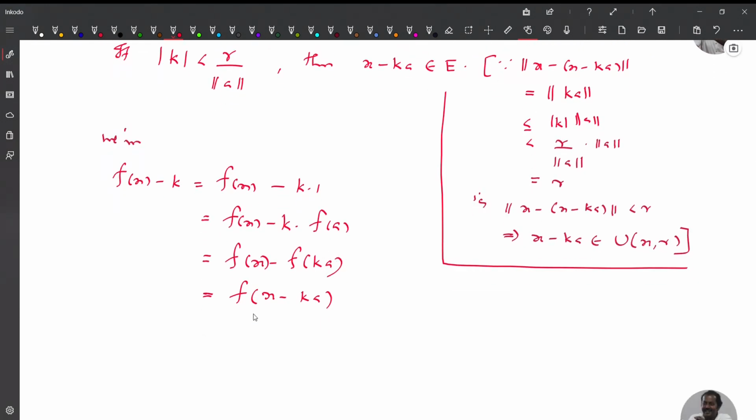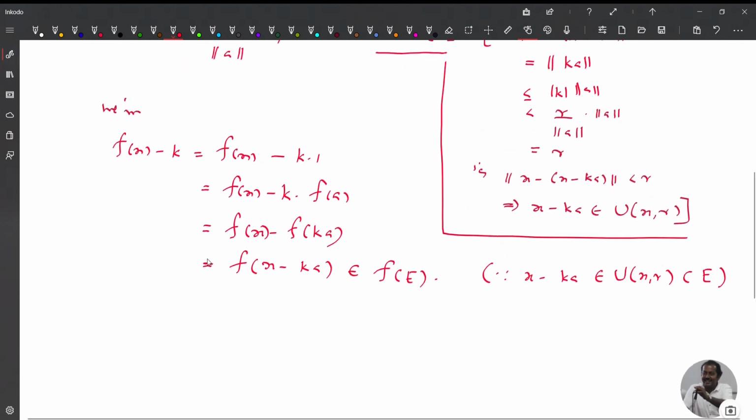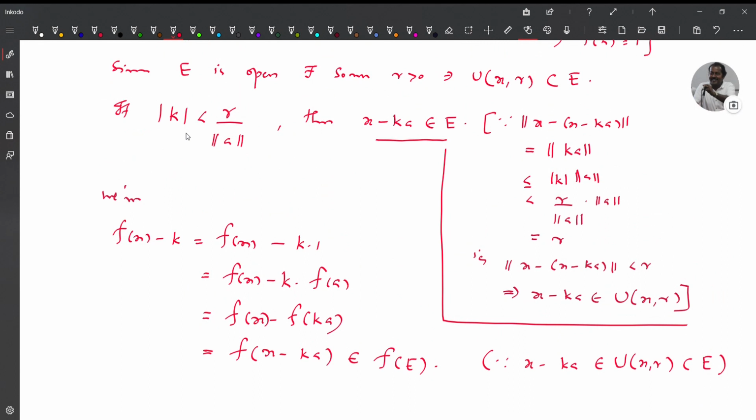And since x minus ka belongs to E, we have f(x minus ka) belongs to f(E). This is because x minus ka belongs to U(x, r), which is contained in E. So if modulus of k is less than r by norm a, then f(x) minus k belongs to f(E).